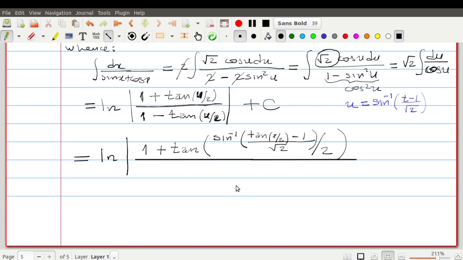And we repeat the same thing. 1 minus tan of this whole expression, sine inverse of the tan of x by 2 minus 1 by square root of 2.